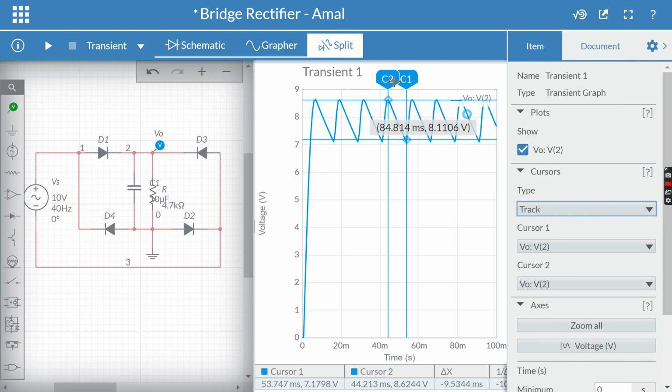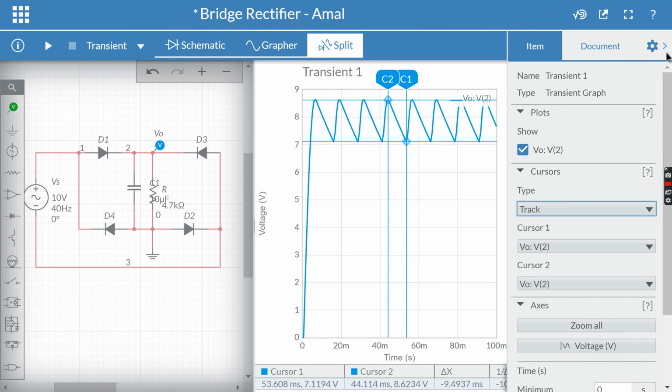And then we're going to place 2 cursors so that one of the cursors, cursor number 2, is at the peak of the output, or the maximum value of the output, and cursor 1 is at the minimum value of the output, ignoring the first minimum because here we're just starting actually.